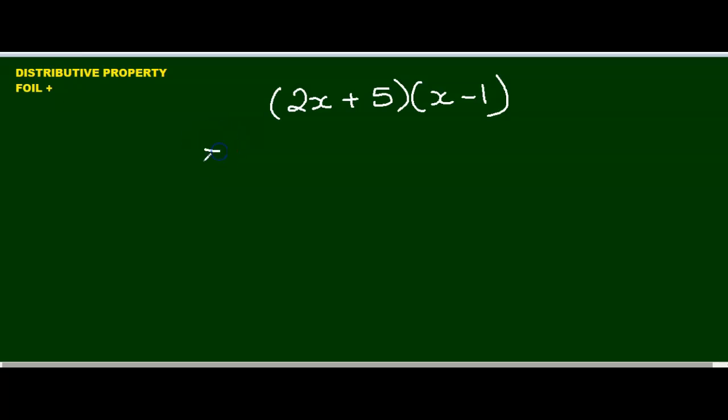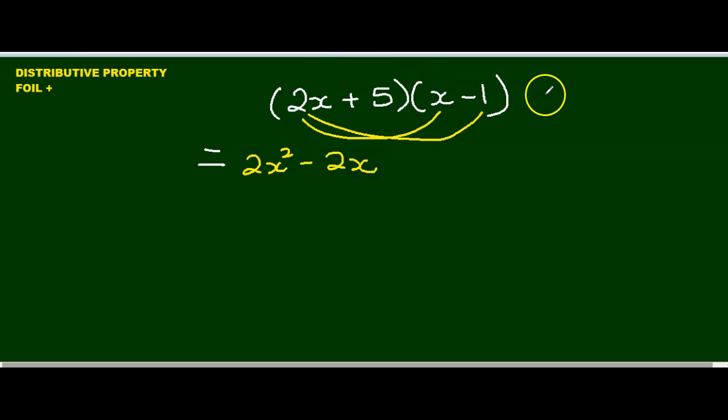So what I do is I look at my first term and multiply it by each of the terms in the next parentheses. So I'm going to do 2 times x, which gives me 2x squared, and then 2 times -1, which gives me -2x.